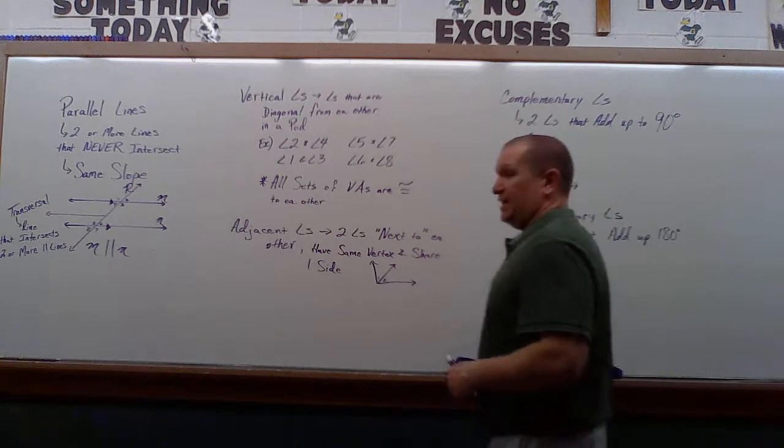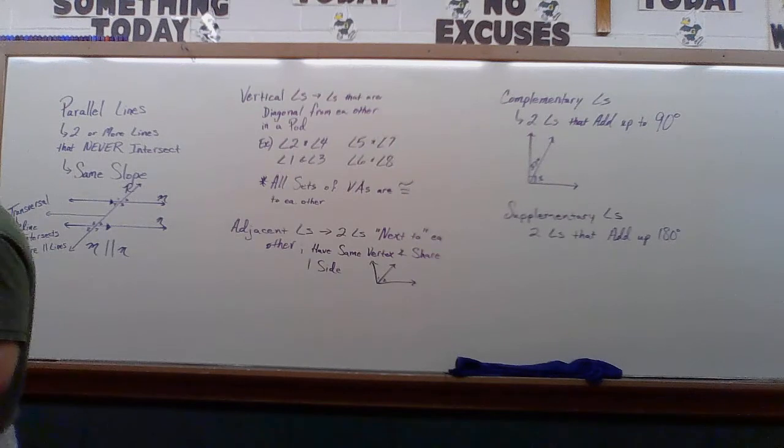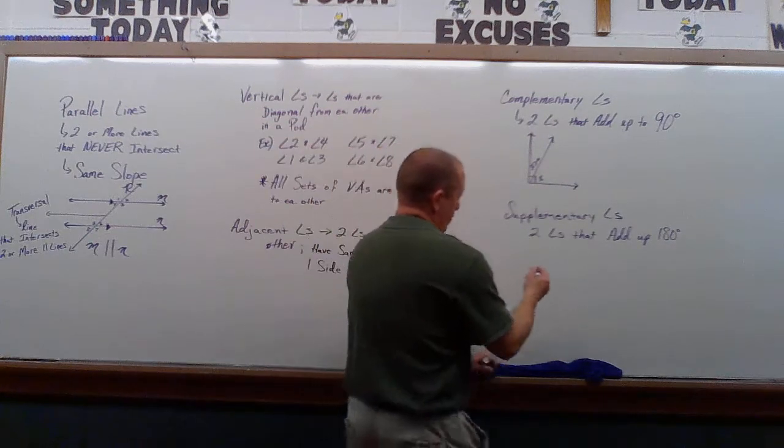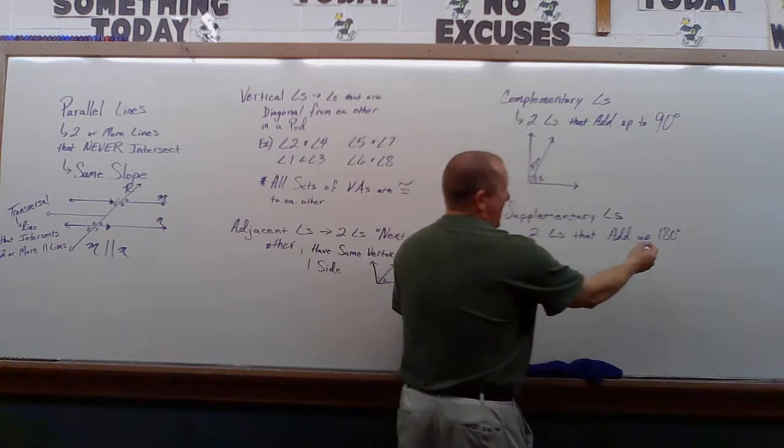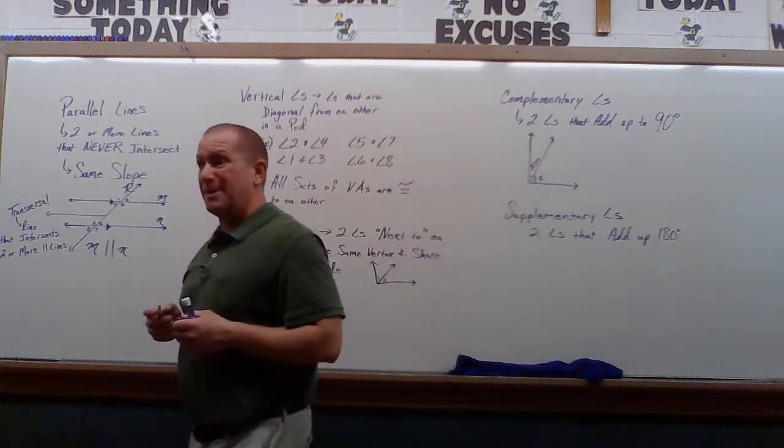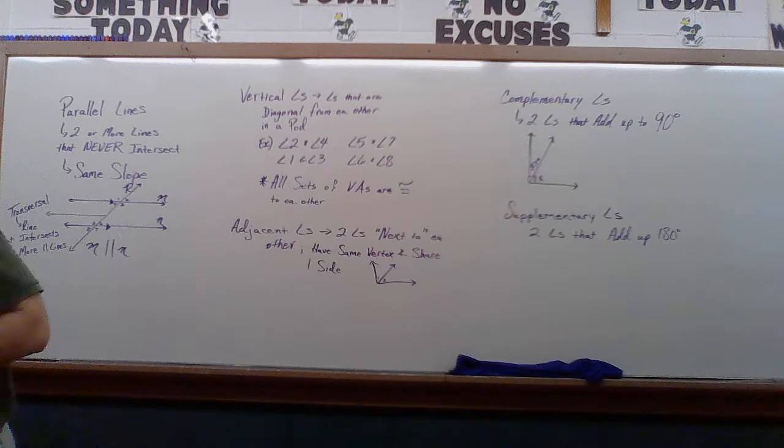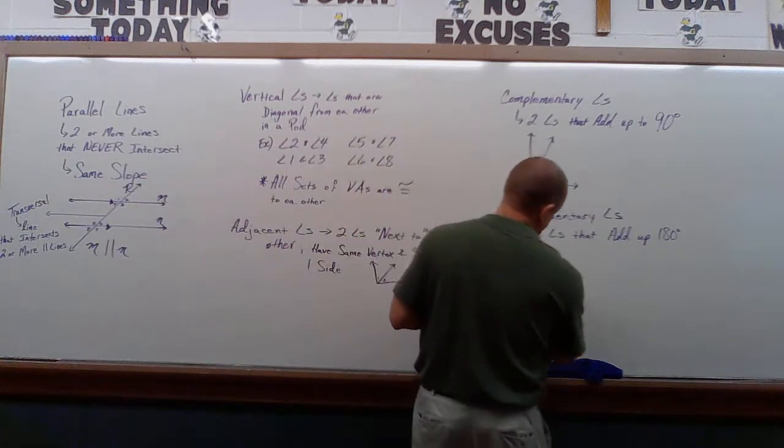So realistically, again, when we get into geometry, we would say two or more angles that add up to 180 degrees. But for our sake right here, if they add up to 180 degrees, what should they make? A line. A line, right?